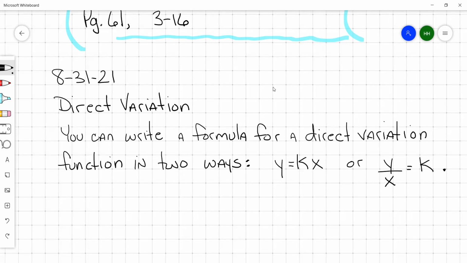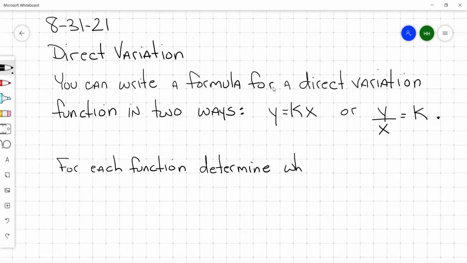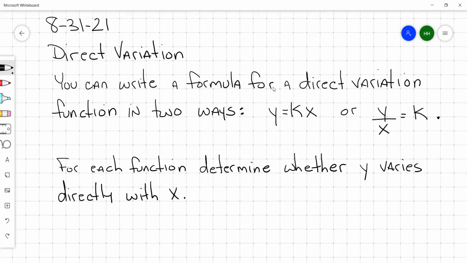So you're going to be asked to do a couple of different things today. The first thing you're going to be asked is, for each function, determine whether y varies directly with x.